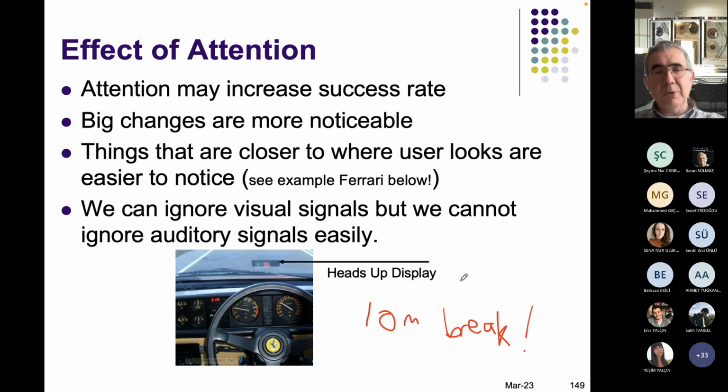Also, if you are going to warn a user, if you are going to send a message to a person, visual signals can be ignored or omitted. Assume that you have a friend. You say something, he doesn't see it.